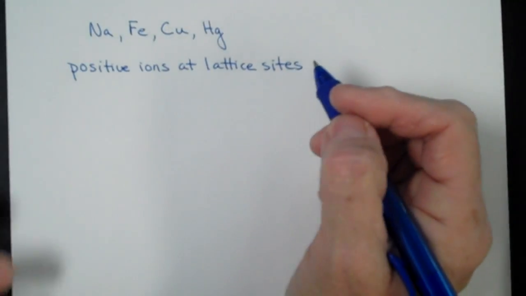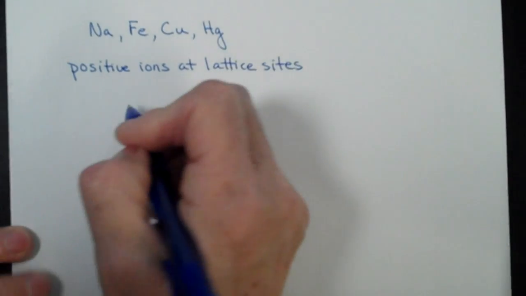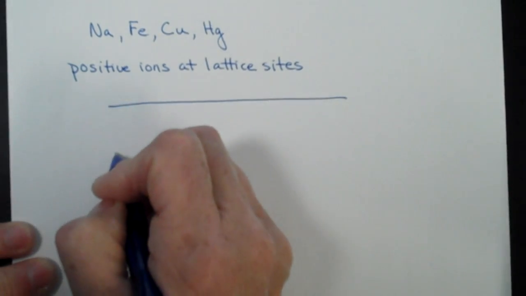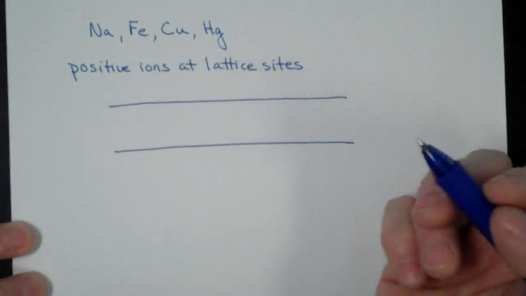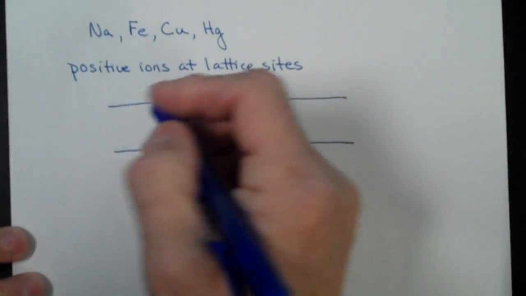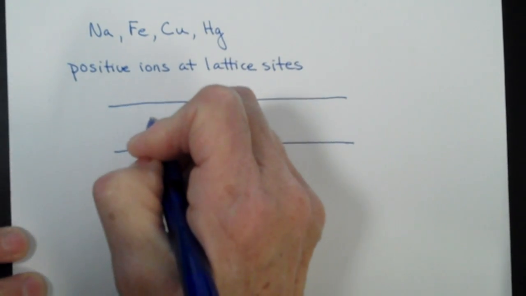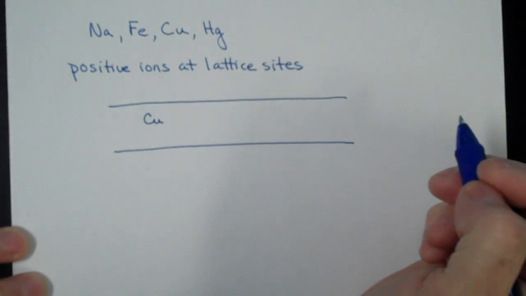Now, I'm going to try to draw what I think of when I think of a metallic solid. Well, since I think of copper wires, let me draw my wire. And let's just make it a copper wire. And so what I'm going to draw here are going to be the kernels of a copper atom.